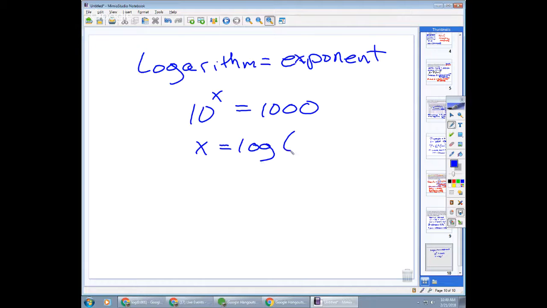Then I write my target value in parentheses. And I like to write what the base is. So an exponent has a base. A logarithm is an exponent, so it should always have a base too. Even though the calculator button doesn't usually show it, we should put it in there. And our calculator, this is the same thing as saying log of 1,000. It's going to tell us 3 is the answer.